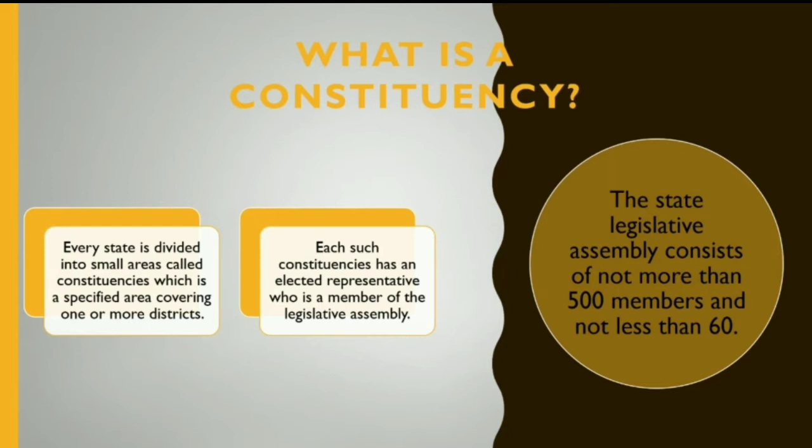Constituencies are made on the basis of population, not area. For the purpose of election, each state is divided into a number of smaller divisions called constituencies. From each of these constituencies, a number of candidates from different political parties contest in elections.